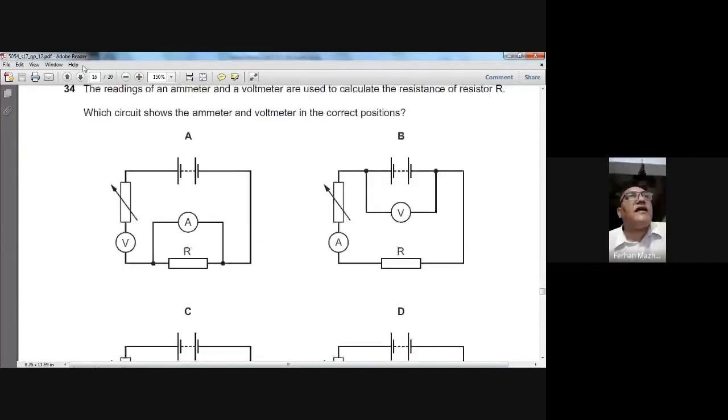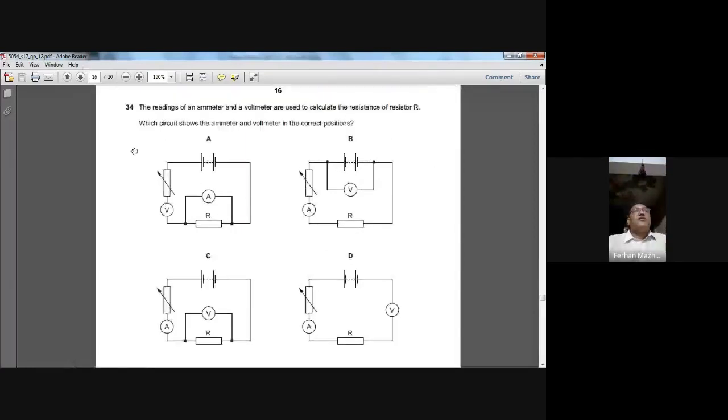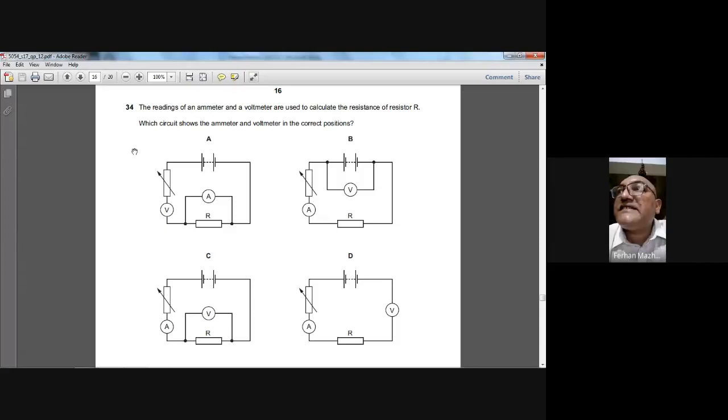Okay, we have here question 34. The readings of an ammeter and a voltmeter are used to calculate the resistance of a resistor R. Which circuit shows the ammeter and voltmeter in the correct position? If you want to find out the resistance of a resistor, we connect the ammeter in series with the resistor, and we connect a voltmeter in parallel to that resistor, and for safety purposes we also connect a variable resistor.